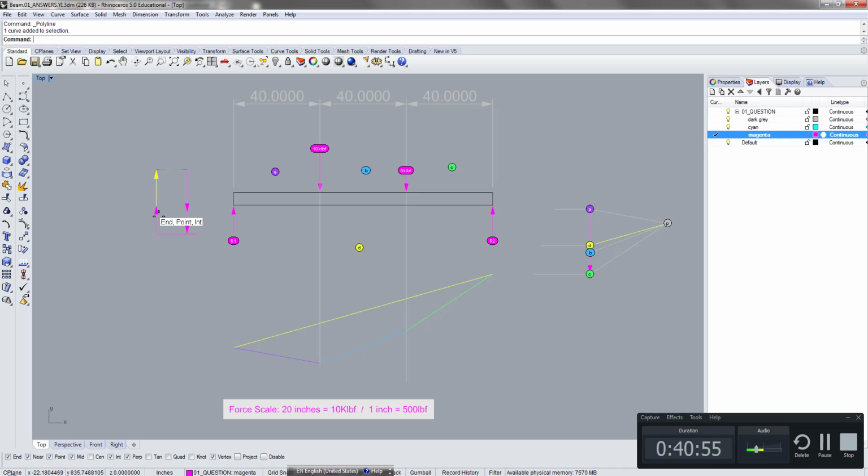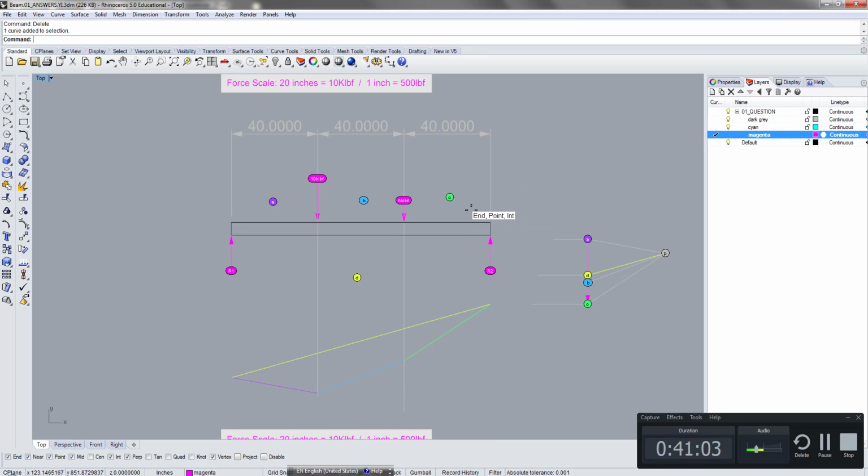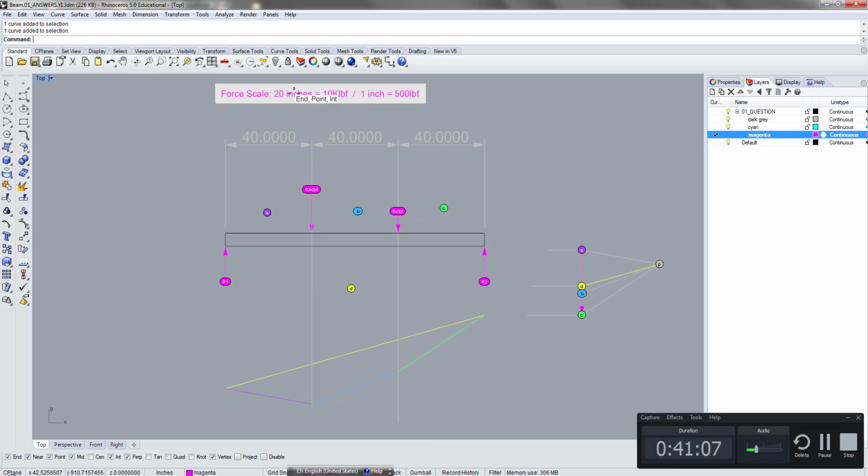But they're differently distributed, so in order to identify the scale, the magnitude of these, the force scale was 20 inches, 1 inch equals 500 pounds. It's a little bit hard to calculate, but if you get the lengths here, it's 13.33.